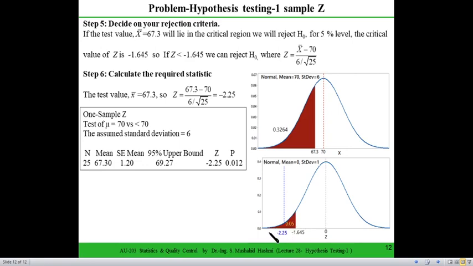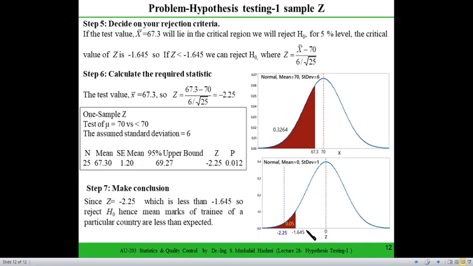And your sample statistic z value comes out to be minus 2.25. So it is well below this minus 1.645. Once it is well below, then you can say that you have sufficient evidence from your sample that you can reject the null hypothesis that the average score is 70, in favor of the alternative hypothesis.